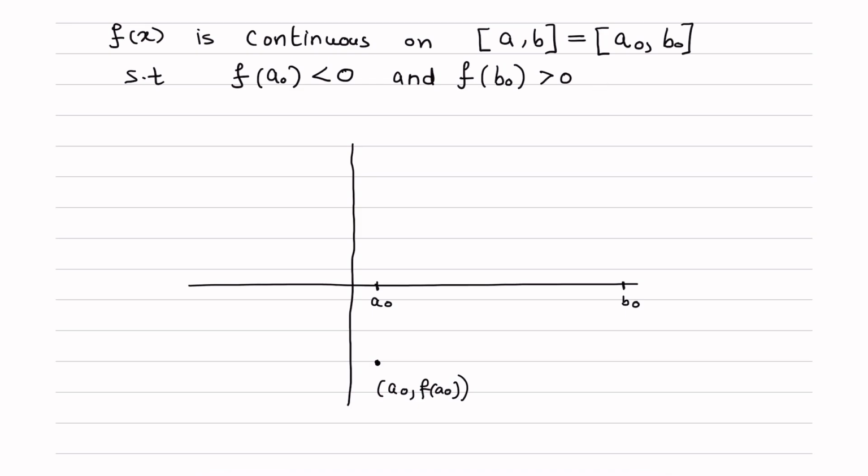So let's mark it somewhere here. So the coordinates here will be B0, f of B0. Now we know that the function f of x is continuous on the interval A0, B0, so we join this point A0, f of A0 with the point B0, f of B0. And this curve cuts the x-axis at this point. So this is the root that we have to approach.